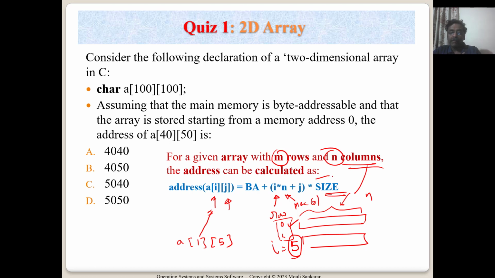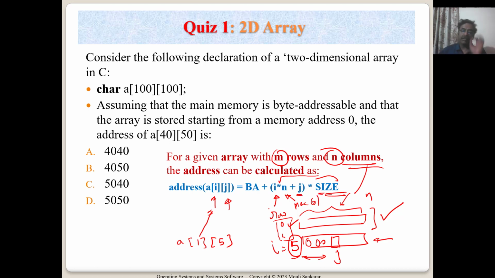So this takes care of how many rows are there before I come to the row of my interest. And then I need to come to the column element. Up to that, I have to comprehend that offset. That is nothing but j. j is the column element. Again, I have to multiply by that many elements that would have already been stored in the memory. So I need to say j into size.